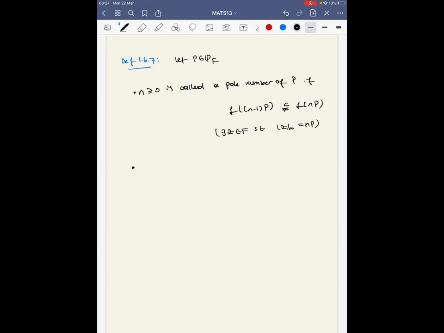And otherwise, so that means if we have equality between these two Riemann-Roch spaces for a natural number n, then we call n a gap number of P, or we will also say that n is a gap at P.